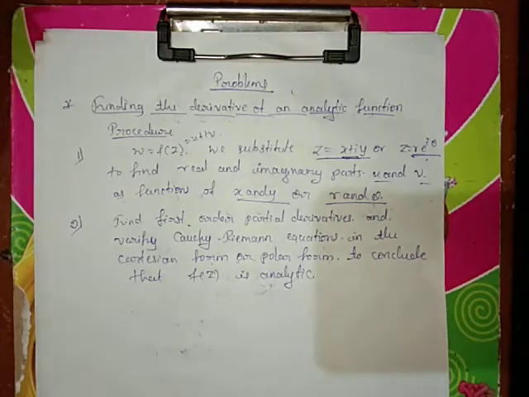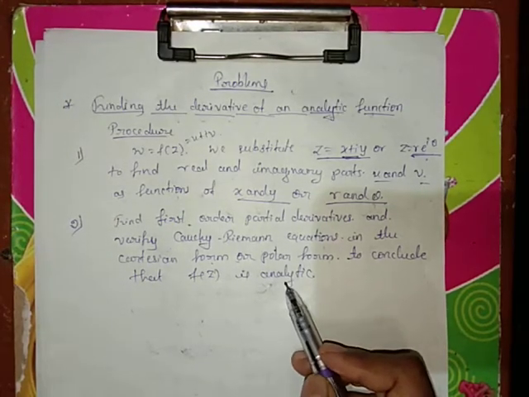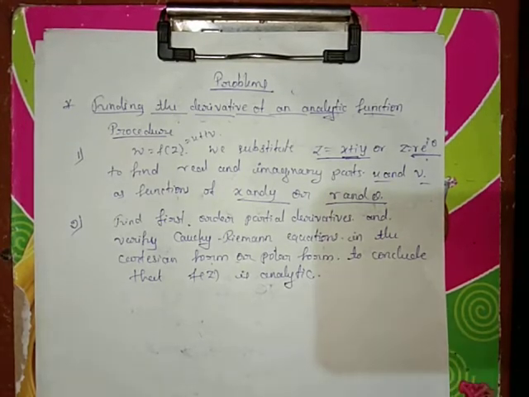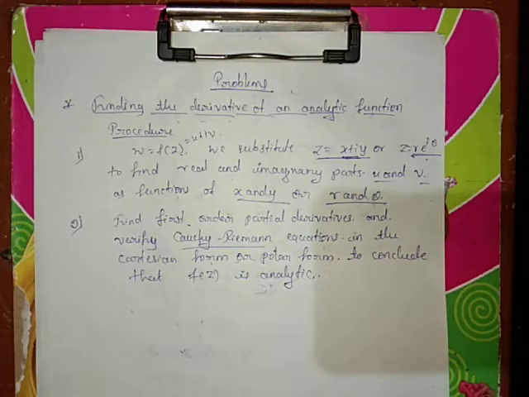By verifying the Cauchy-Riemann equations, we conclude that the given function is analytic. First we have to verify whether f of z is analytic or not. To verify that, we have to cross check the Cauchy-Riemann equations. So that is the second step.